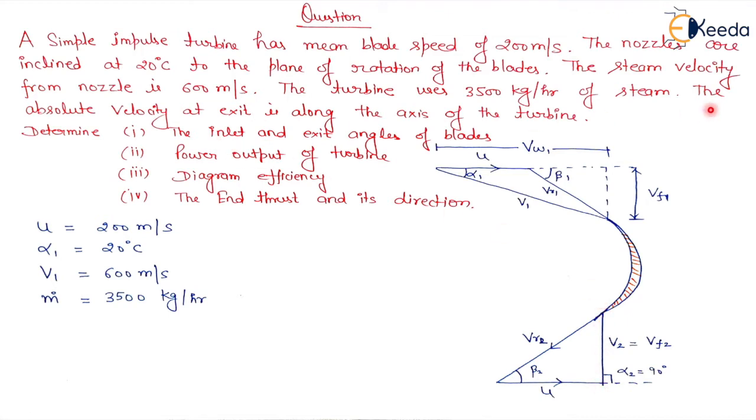That means it is perpendicular to U. So the outlet velocity triangle will be a right angle triangle. In this case, U is the blade velocity, VR2 relative velocity at the exit of the steam turbine, beta 2 is the blade angle at the exit, V2 is equal to VF2 in this case, and alpha 2 is equal to 90 degrees.